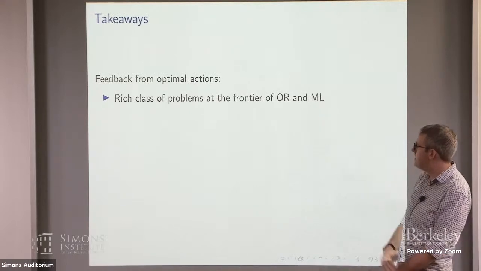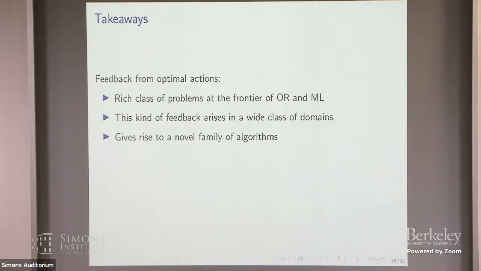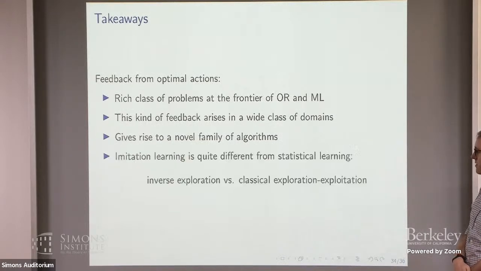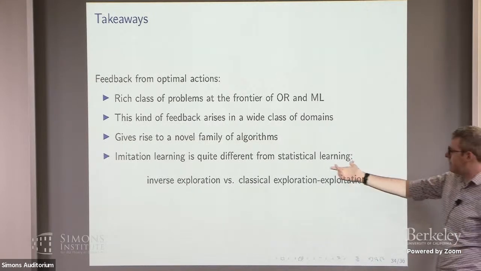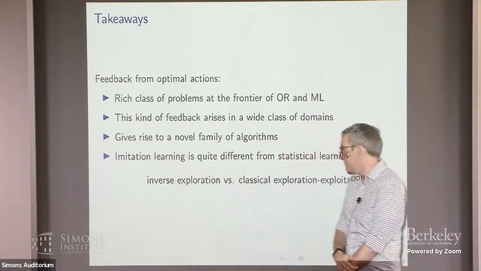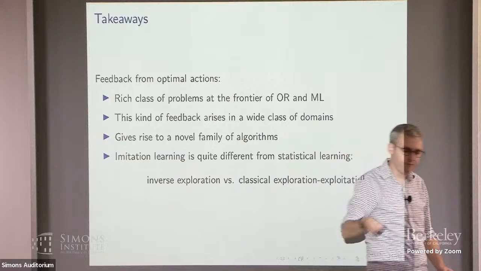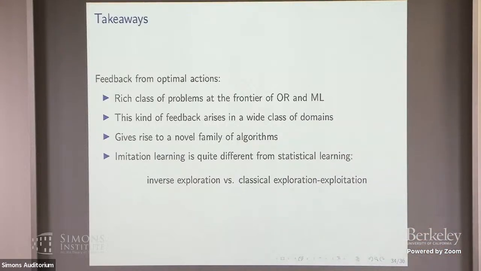It's this interface of OR and machine learning, this class of problems. It gives rise to a novel family of algorithms, so there are all sorts of new things we can do here to tackle these problems. The way learning happens is very different from statistical learning. In the literature this is sometimes called imitation learning. And the way you drive exploration is by forcing nature to explore for you if you don't want to give up regret.